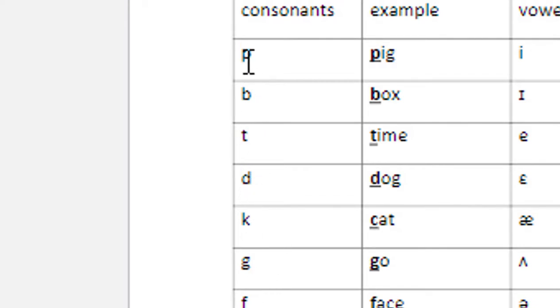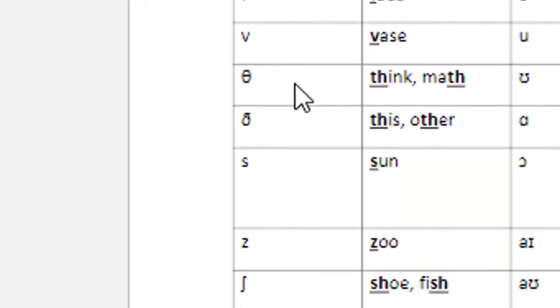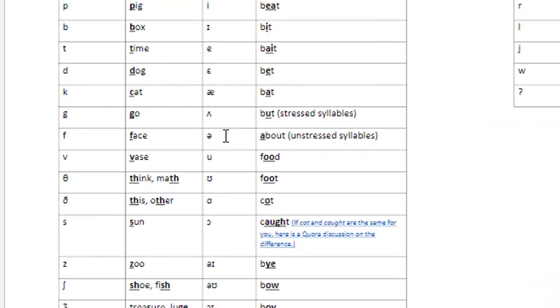When you're taking a look at this, you're going to see, oh yeah, P, B, T, D, K. Those are all letters that you already know, that are on your keyboard. The trouble comes in when you get to these weird ones that we don't have. So just be aware of that for the consonants. And then on the vowels, vowels in English are completely off from what our letters are.